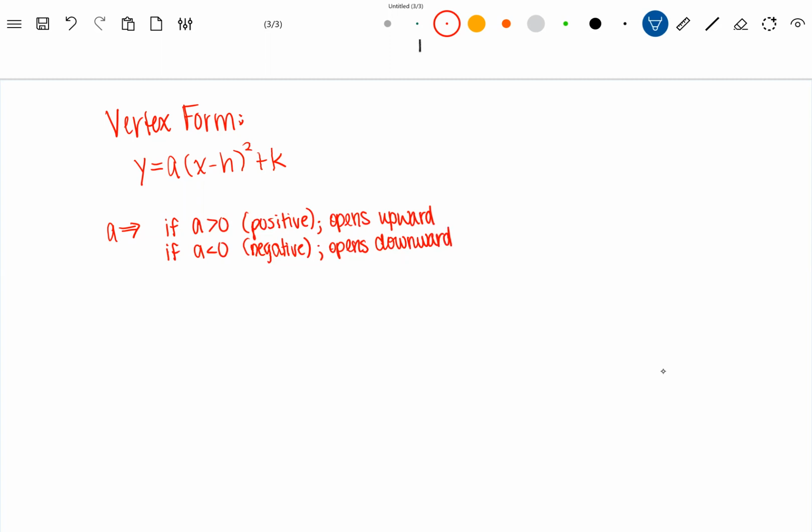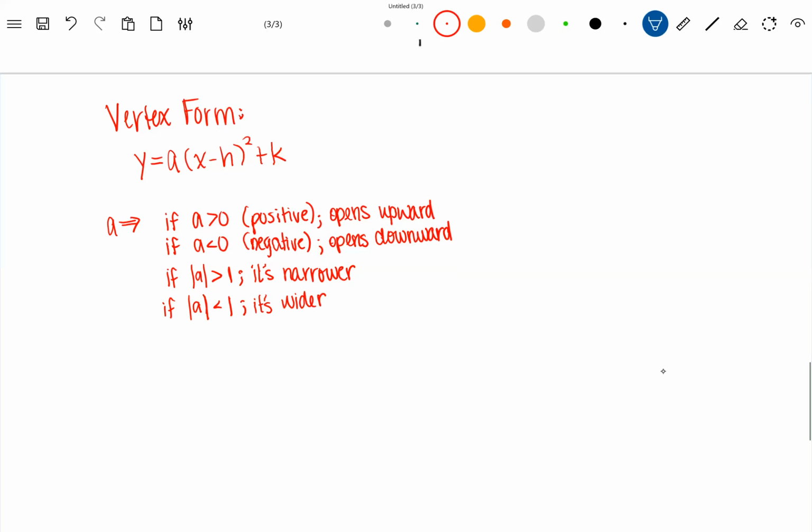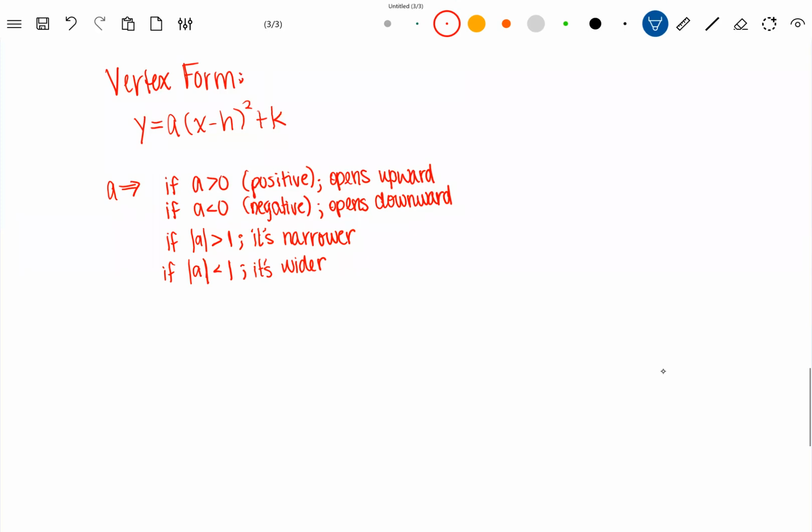Something else a tells you: if the absolute value of a, so not including the sign, is greater than 1, it's narrower than the parent function. If the absolute value of a is less than 1, it's wider than the parent function. In a minute, I'm going to show you a couple of examples.